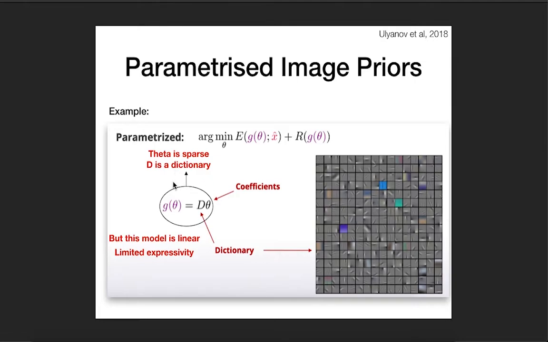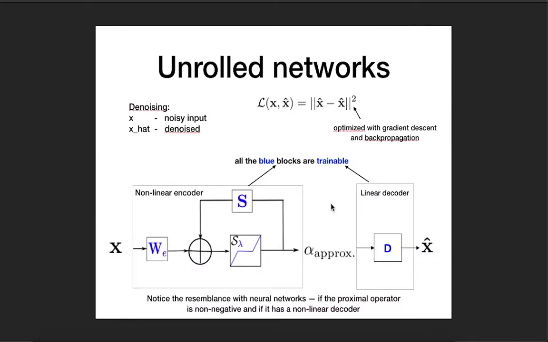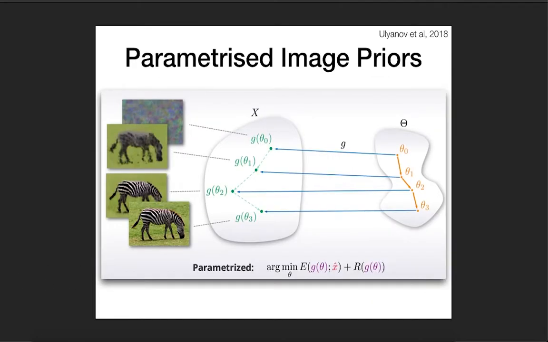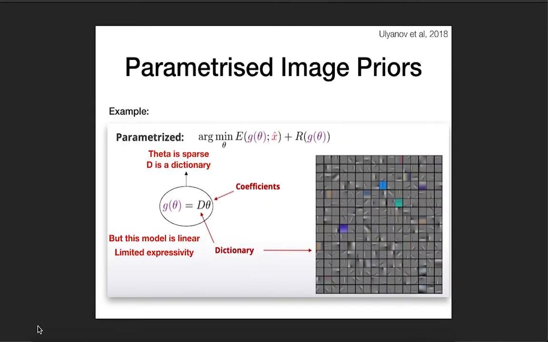But what is the problem with this model? We saw in this slide that we have a linear decoder. We don't have much expressiveness. The possibilities that we can put on X are very constrained with this dictionary D. We can't put the whole world in this dictionary D.